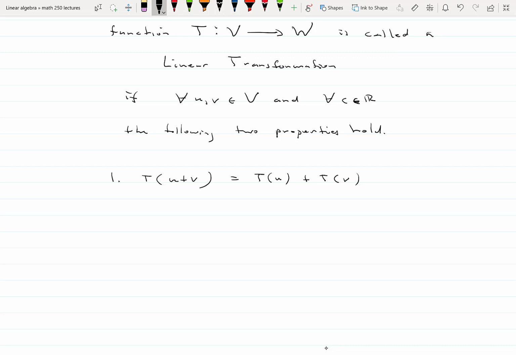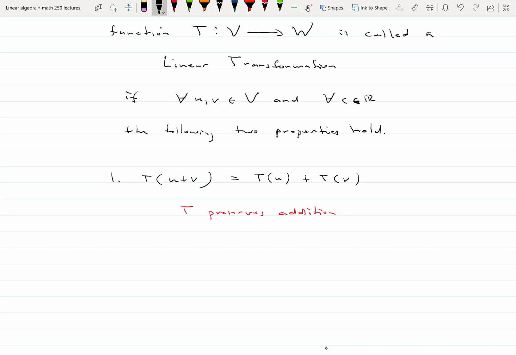So what we say is that T preserves addition. Addition in the vector space V is u plus v. In the other vector space it is T of u plus T of v. So we have the preservation of addition.